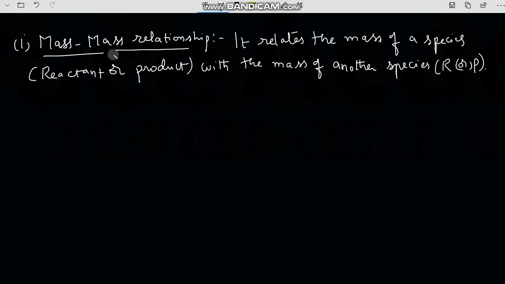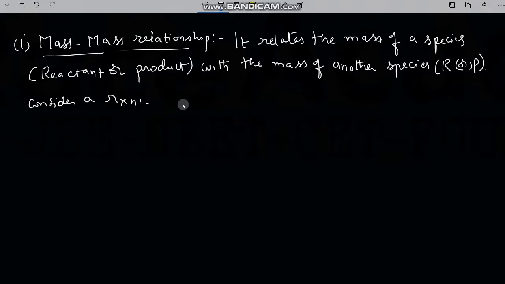Let us see what a mass-mass relationship is. It relates the mass of a species, whether reactant or product, with the mass of another species, which may also be a reactant or product. For example, let us consider a chemical reaction.